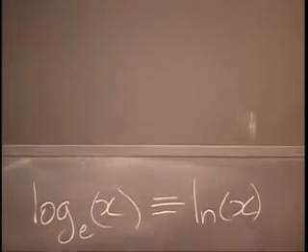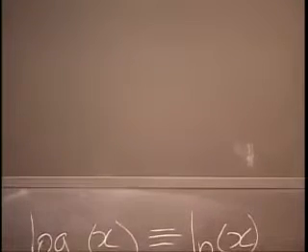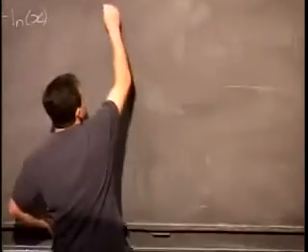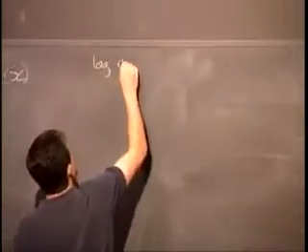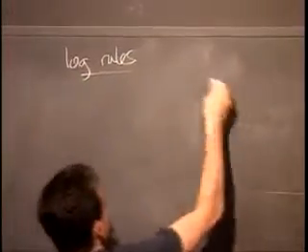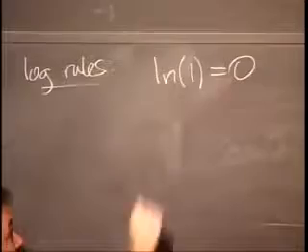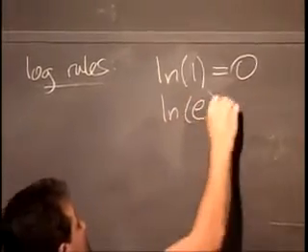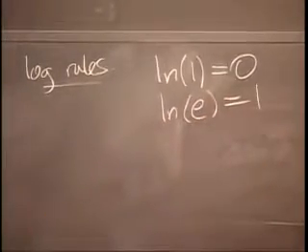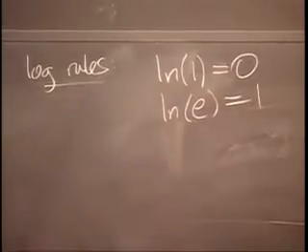So in any case, we have this natural logarithm, and it obeys the same log rules that any other base does. Of course, you could just rewrite them for yourself, but I think it's worth rewriting them really quickly. Here are the log rules base e, using this new notation. Log of 1 is 0. Log of e is 1, because e is the base that we're taking it to.